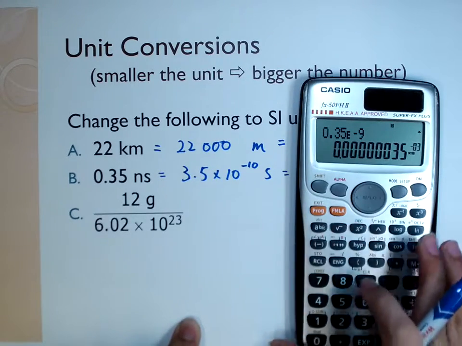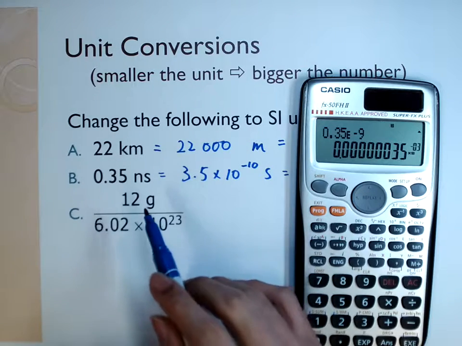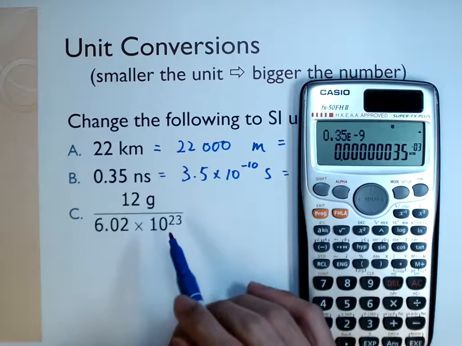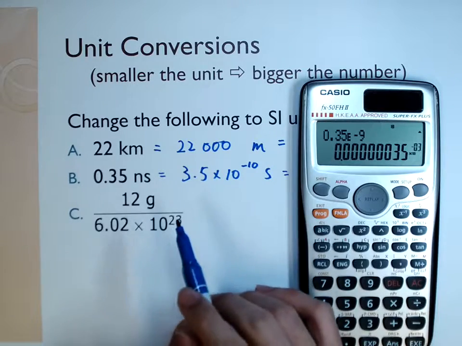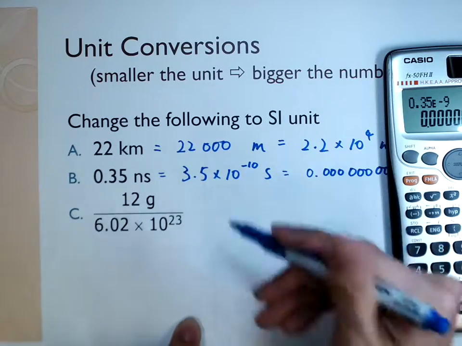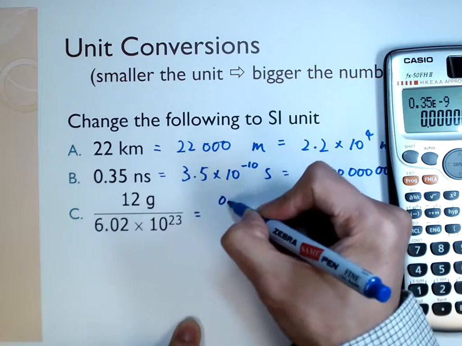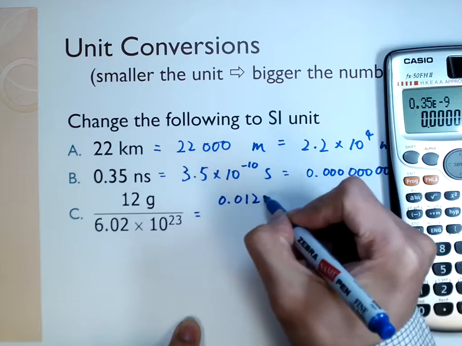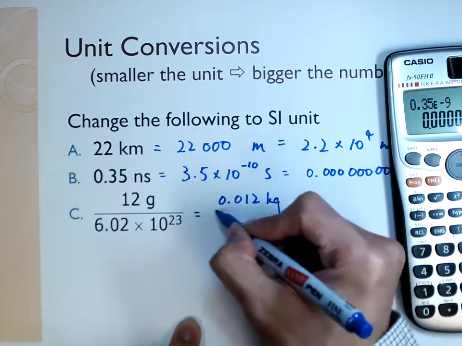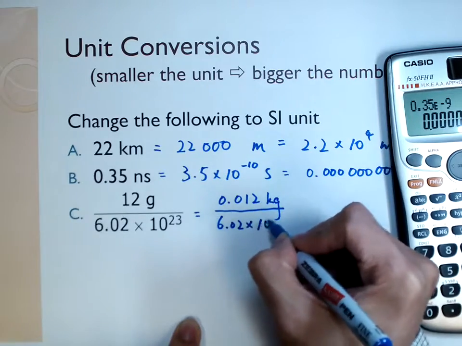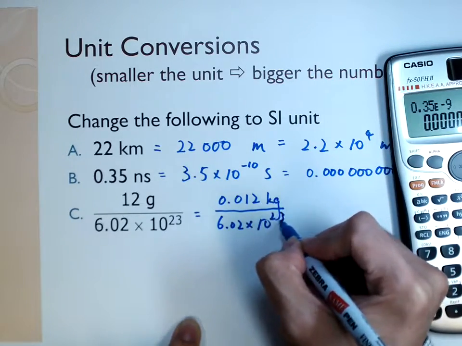Okay, finally, you have 12 gram divided by 6.02 times 10 to the power 23. Now for this problem, you need to change to SI unit. So the SI unit is kg, so you better change to kg first. So I have this one, but you still need to divide by 6.02 times 10 to the power 23.